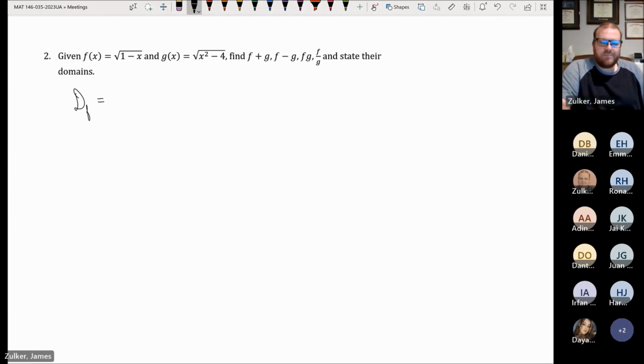So we have to have 1 minus x greater than or equal to 0, right?